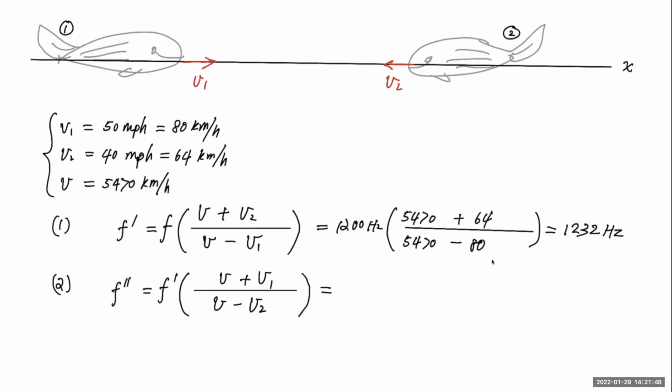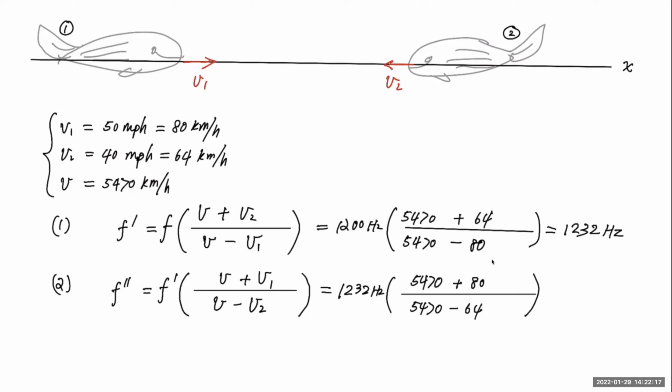So let's find a numerical value. F prime is 1,232 hertz. And this time, the factor involved is 5470 plus v1, which is 80, divided by 5470 minus 64.